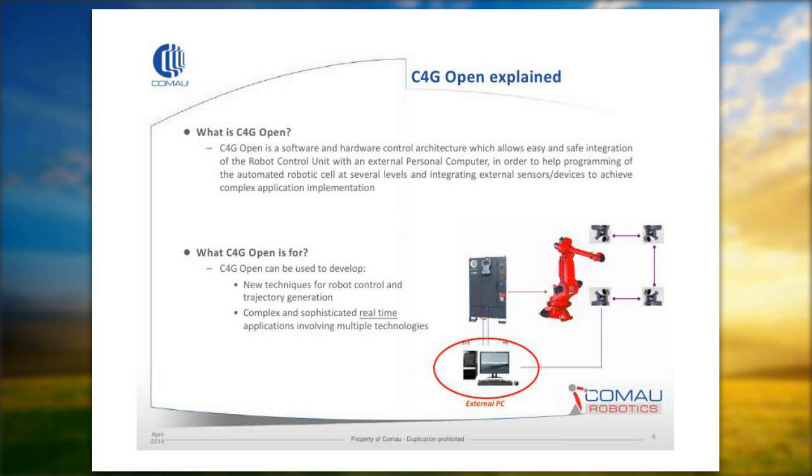So what is the C4G Open? The C4G Open is basically a platform, both software and hardware, that could be used to develop new techniques for robot controllers and trajectory generation that can be added to the standard Comau robot control. So this adds the possibility of complex and sophisticated real-time applications that can involve multiple technologies.